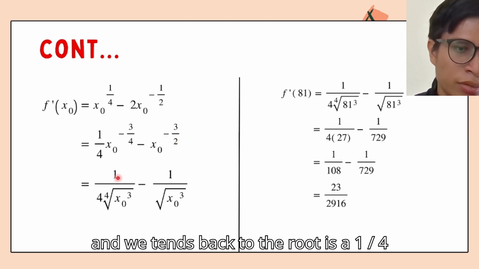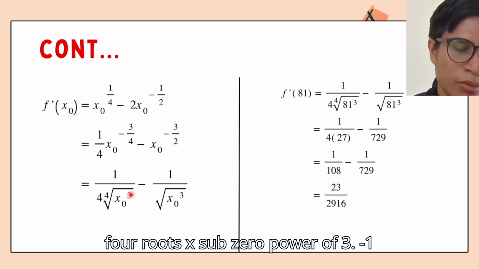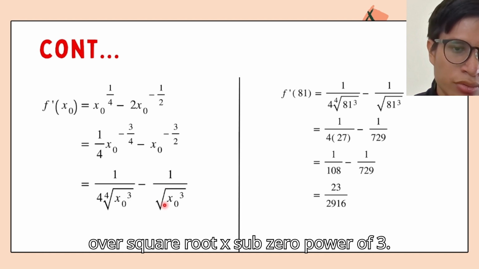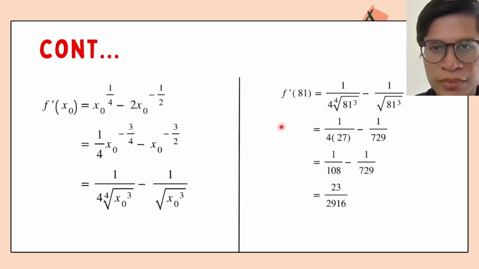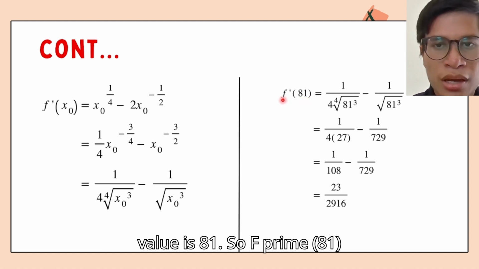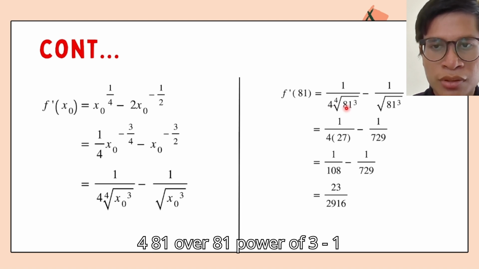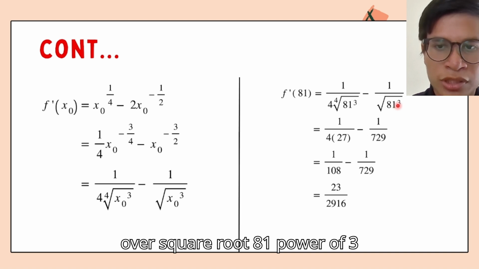And we change it back to the root. It's 1 over 4 times the fourth root of s sub 0 power of 3, minus 1 over square root s sub 0 power of 3. So s sub 0 we change to its value, 81. So f prime of 81 is equivalent to 1 over 4 times the fourth root of 81 power of 3, minus 1 over square root 81 power of 3.